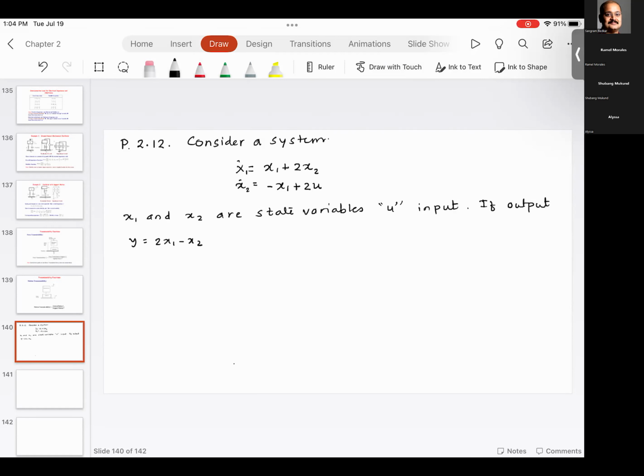So writing this equation in the state space form is fairly simple. So you have x1, x2, this is d by dt, and you have x1, x2, and then what we need to do is fill in the blanks.